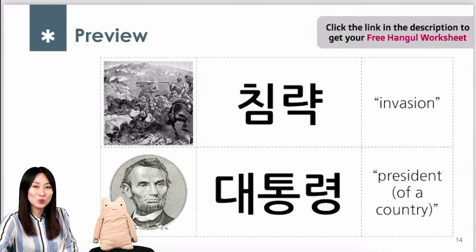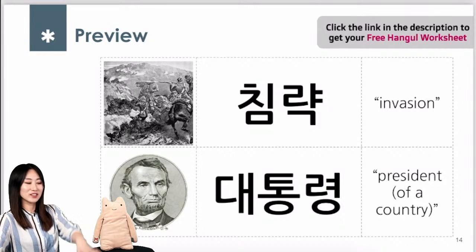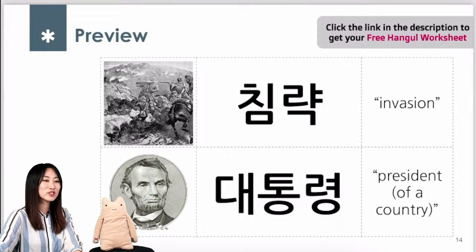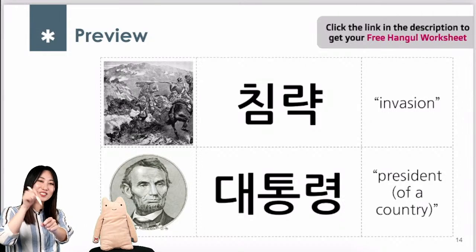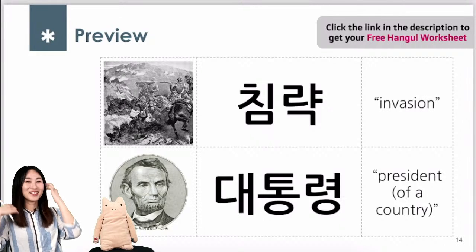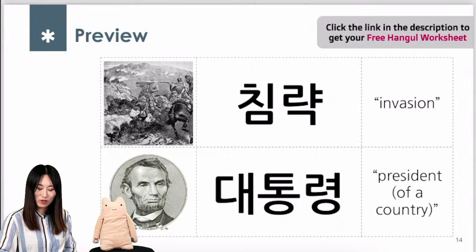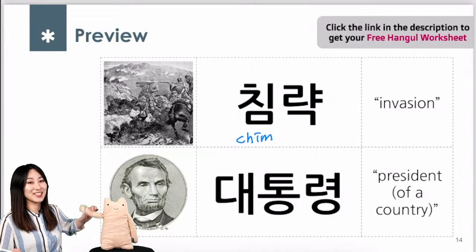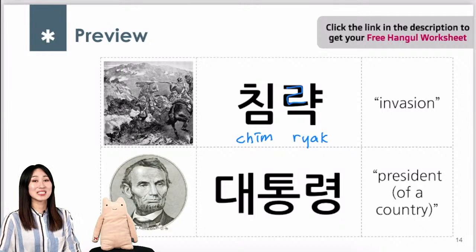Let's try this word now. I'm going to invade your language brain to insert the Korean language skill now. So, how can you say invasion in Korean? If you haven't learned the alphabet, you probably say, this is 침, as in 침침이, 침침. And so this is 침략.